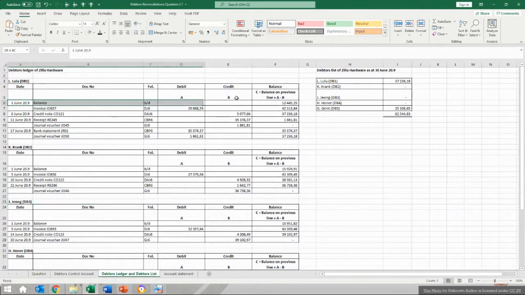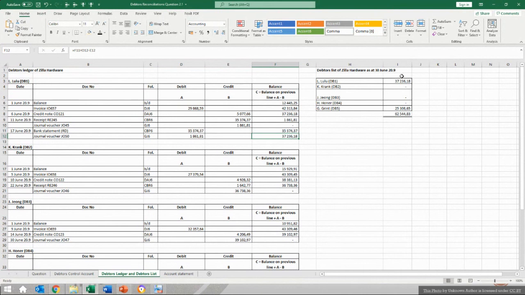So I started here with the balance. This I got from the previous debtors' list, and then I added the invoice per the debtors' journal. I did that for each and every debtor, and for each and every different type of journal, to get to their balance. Then you take all those balances at the end and create your debtors list.